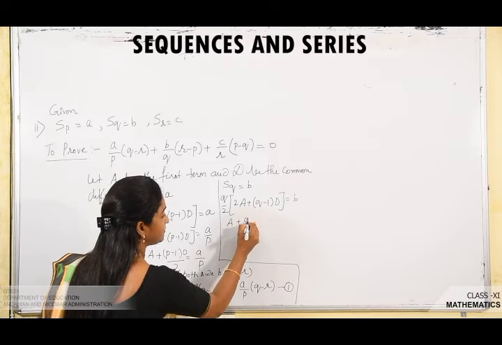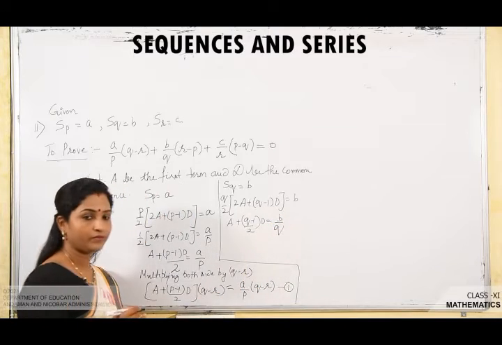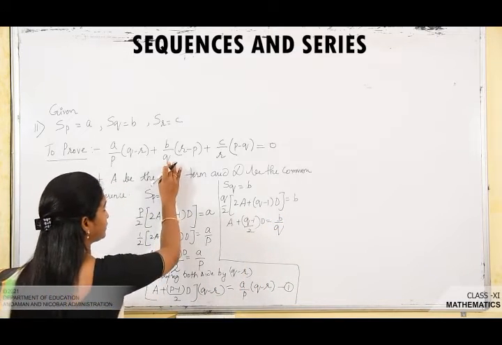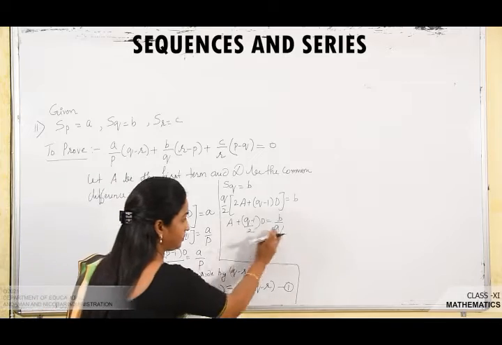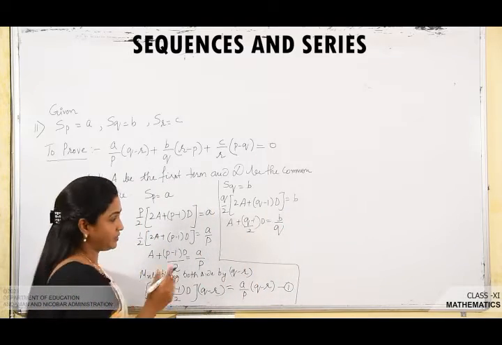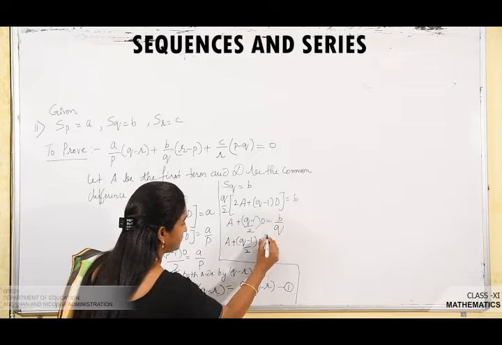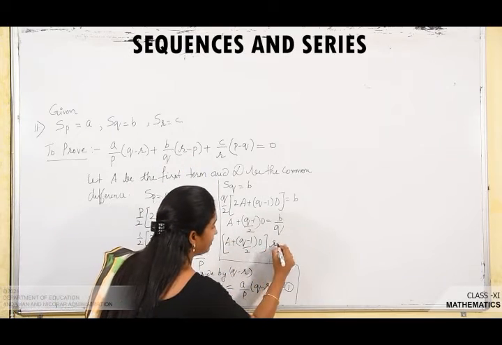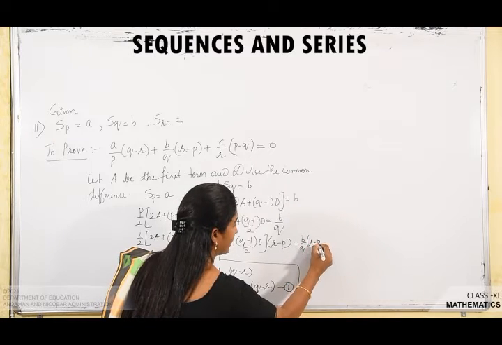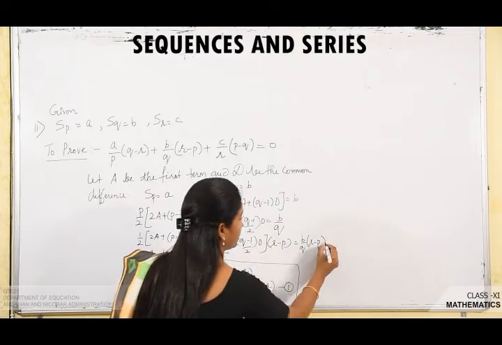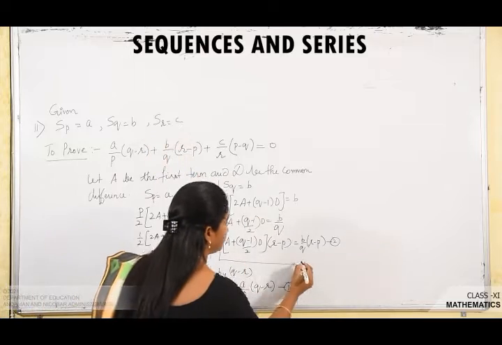So A plus Q minus 1 by 2 into D is equal to B by Q. Then what I will do, since if you see here carefully what is to be proved, B by Q into R minus P. So I will multiply both sides by R minus P. So what you will get, A plus Q minus 1 by 2 into D multiplied by R minus P is equal to B by Q into R minus P, right. Name it as equation number 2.